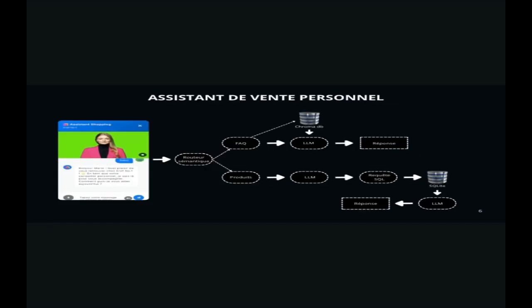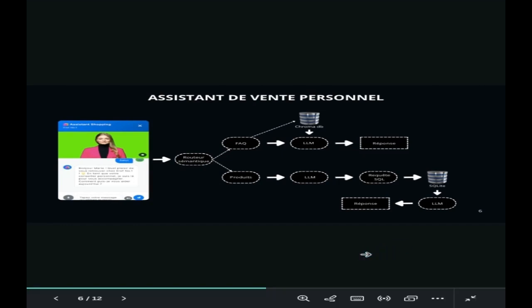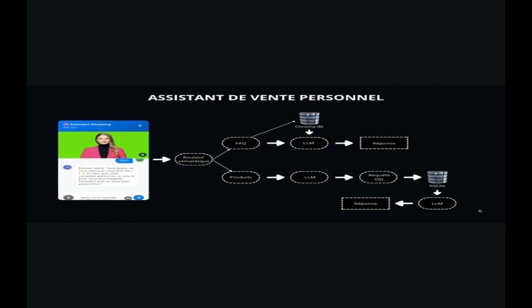Now, here is the core of the system, the complete architecture of the personal sales assistant. So everything starts with a semantic router. It's this router that analyzes each customer question and intelligently determines whether it's a frequently asked question or a product request. If it's a frequently asked question, the system queries our database.